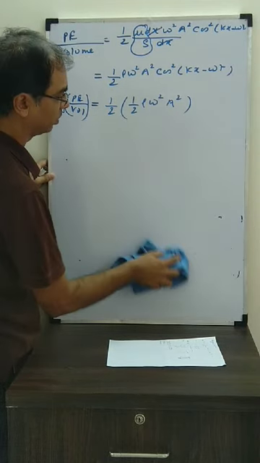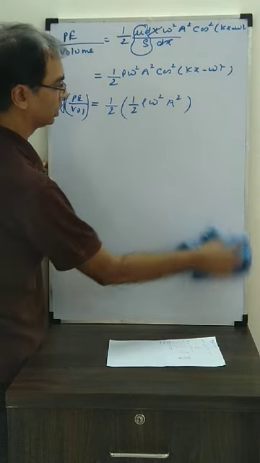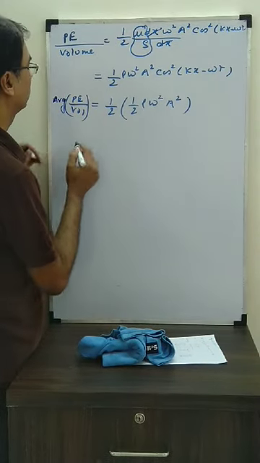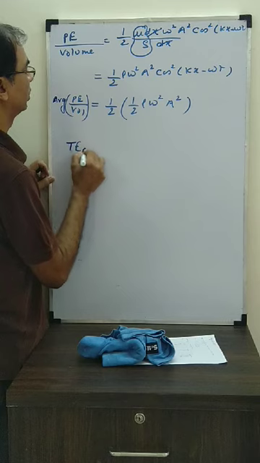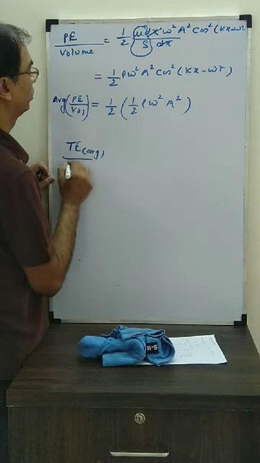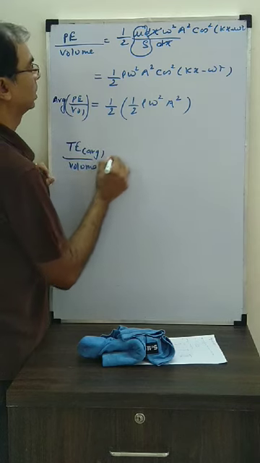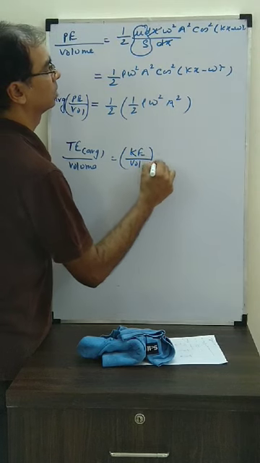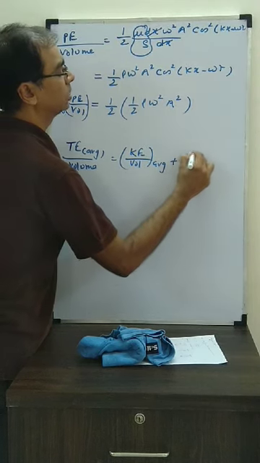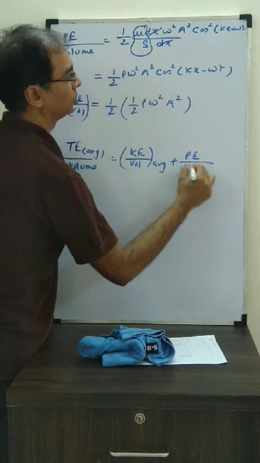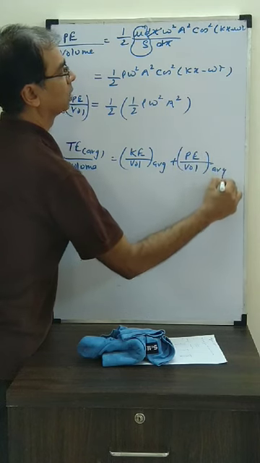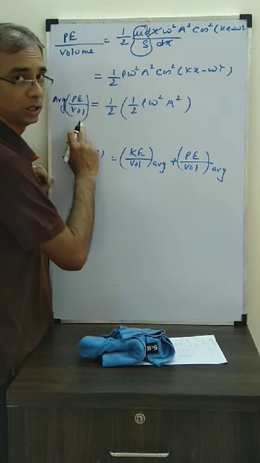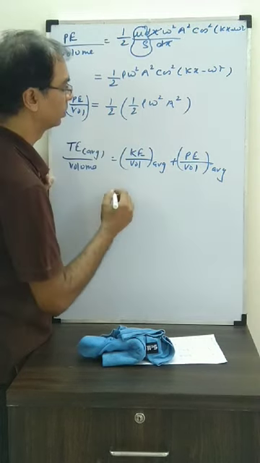Okay, so average total energy will be what? Average total energy will be average potential energy plus average kinetic energy. So total energy average per unit volume is equal to kinetic energy per unit volume average plus potential energy per unit volume average. Average potential energy is 1 by 4 rho omega square A square, kinetic energy also the same.